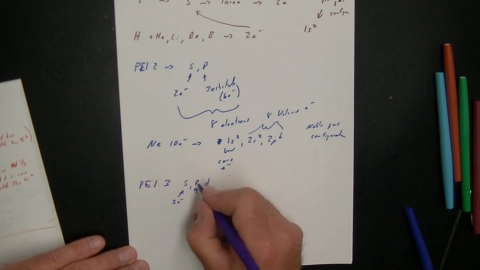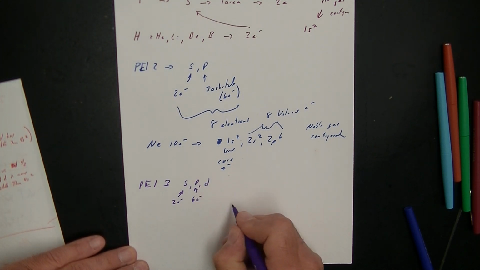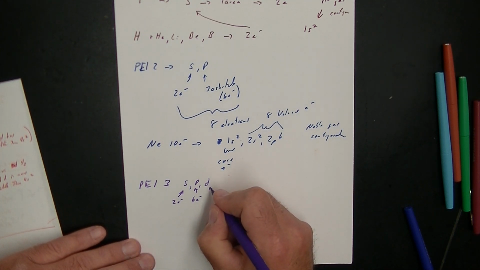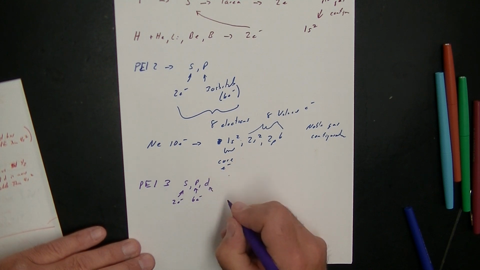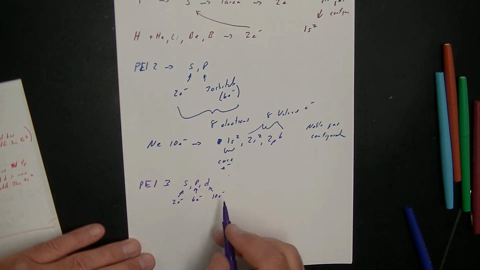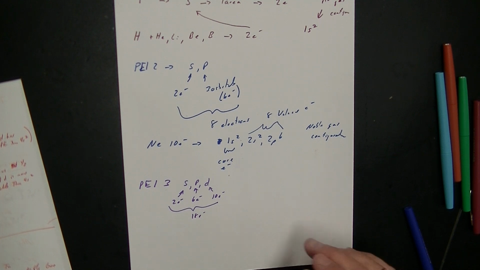The P has 3 areas of space, so it will hold 6 electrons. The D has 5 areas of space, so it can hold 10 electrons. So the third principal energy level can hold a total of 18 electrons.